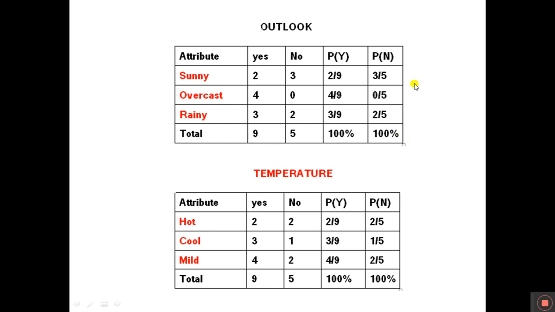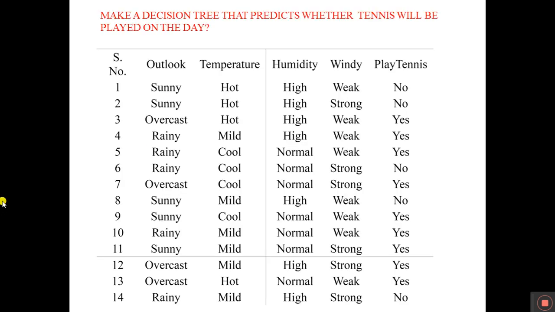So according to the table, for sunny, the number of yes is given 2. For overcast, the number of yes given 4. The rainy, the number of yes given 3. At the same time, in this table, the number of no also available for this sunny, overcast and rainy also.